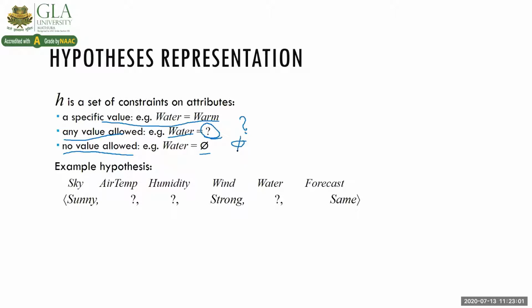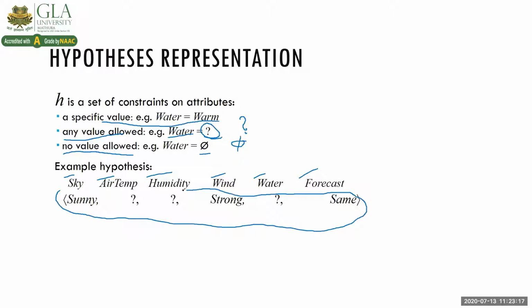So look at the example, this is how we represent the hypothesis. We have sky, air temperature, humidity, wind, water, and forecast. This is one hypothesis in which we have particular specific values. The sky specific value is sunny. Air temperature can be any value, question mark.